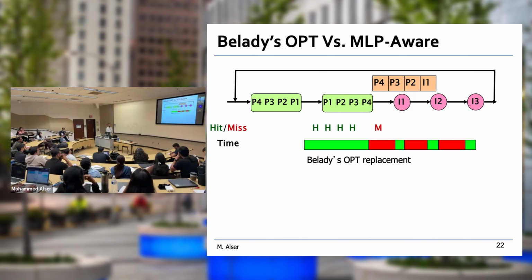Now we have I2. I2 is a miss because we don't have it in the cache. So we need one of them to be replaced because the capacity is only 4. Which one to be replaced? P2. How many say P2? 1, 2.